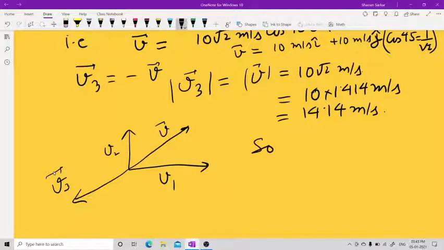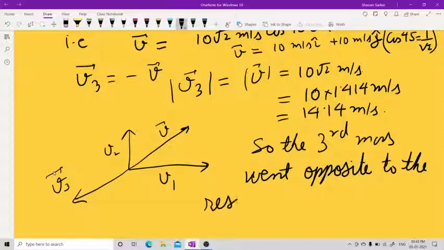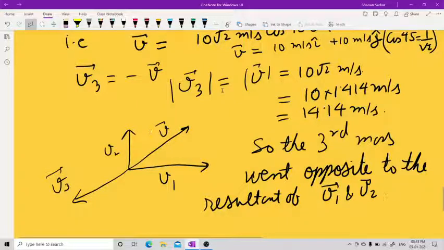So the third mass went opposite to the resultant of v1 vector and v2 vector. With this, we conclude this problem. I hope you have understood this problem.